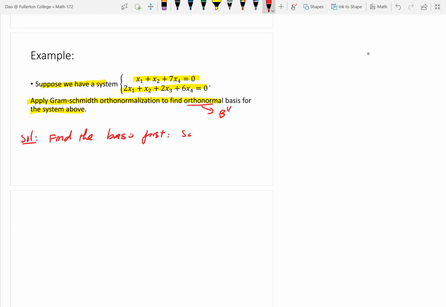Meaning that you're going to solve the system. So we get 4 variables here. So we get 1, 1, 0, 7, 0, 2, 1, 2, 6, and 0.